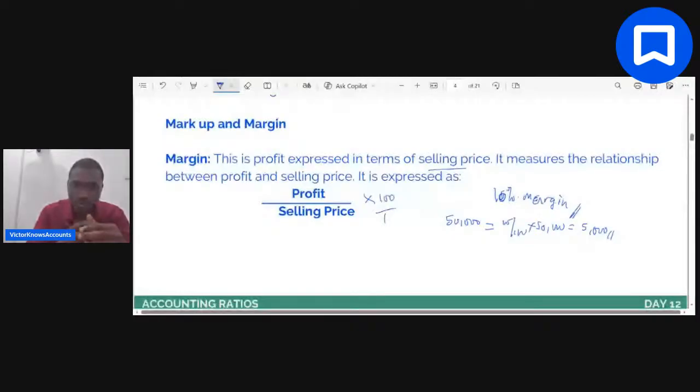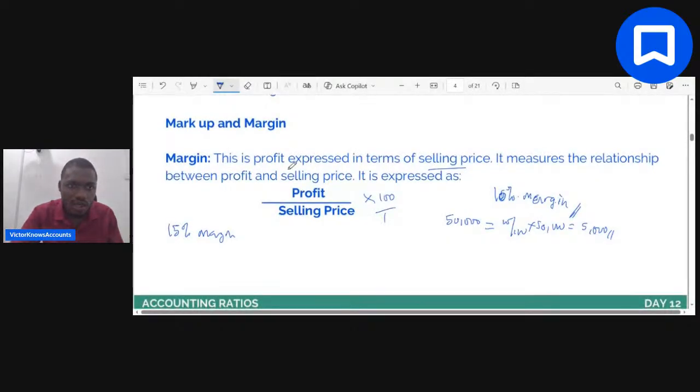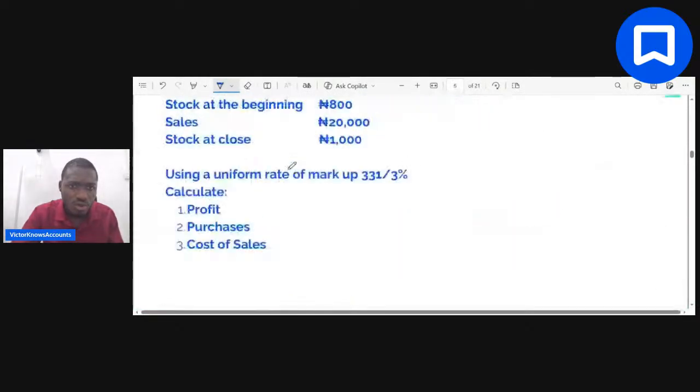Do you understand that? So that's what margin is. So if I say I want to do 15% margin, it means that whatever my selling price is, I must be able to make profit that is 15% of that selling price. Do you understand that? I think there's a question here that I want us to solve.